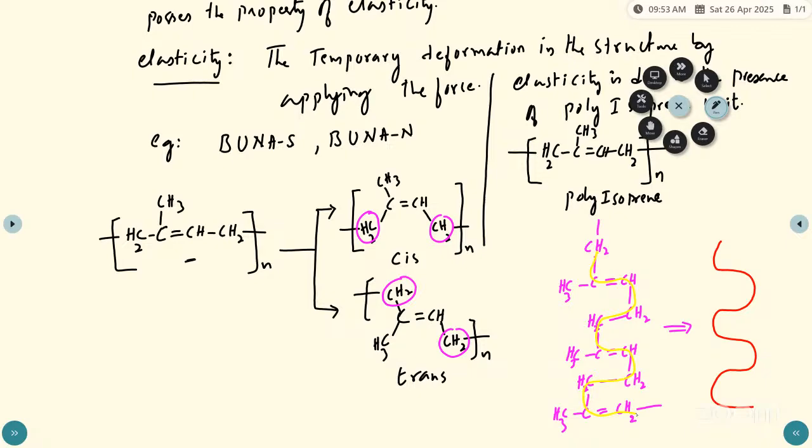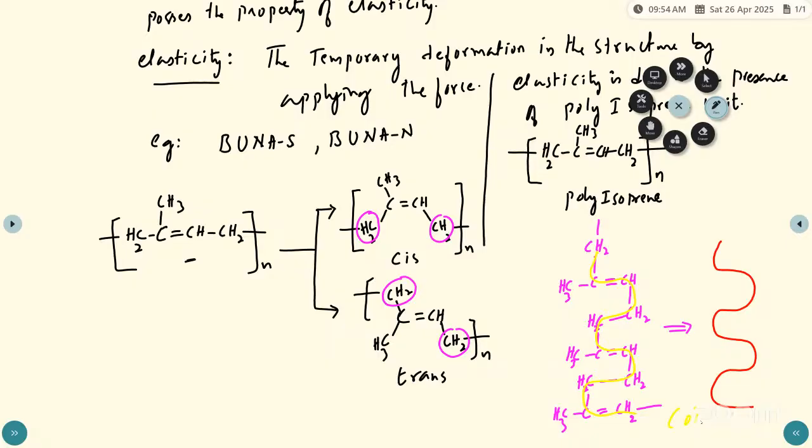That's why the rubber has the elasticity property, due to the presence of trans polyisoprene. So what is the name of this structure?